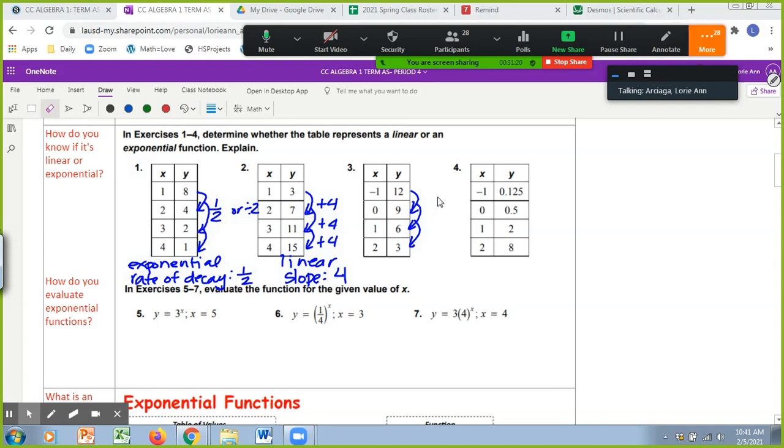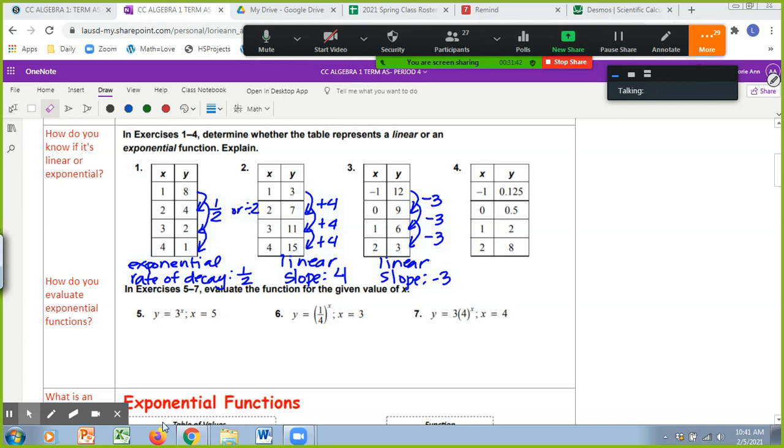Type in the chat pod. Linear. Yes, very good, because you're subtracting 3 each time, right? So this is linear, and the slope is -3.